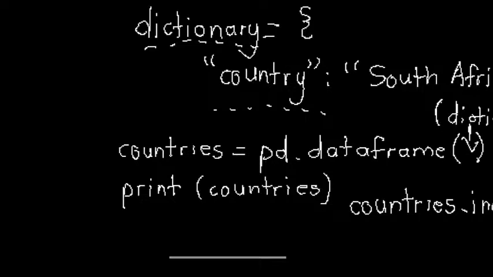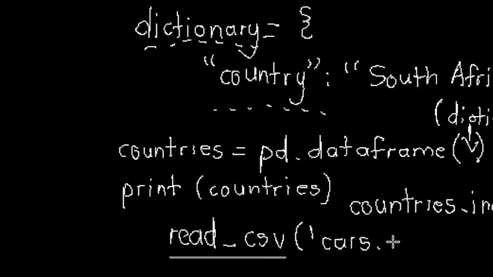So basically the method we use is read CSV, and then you would say the name of your CSV file. So it could be cars.csv. Just remember that in the front of this, you would create a name for it. So cars.